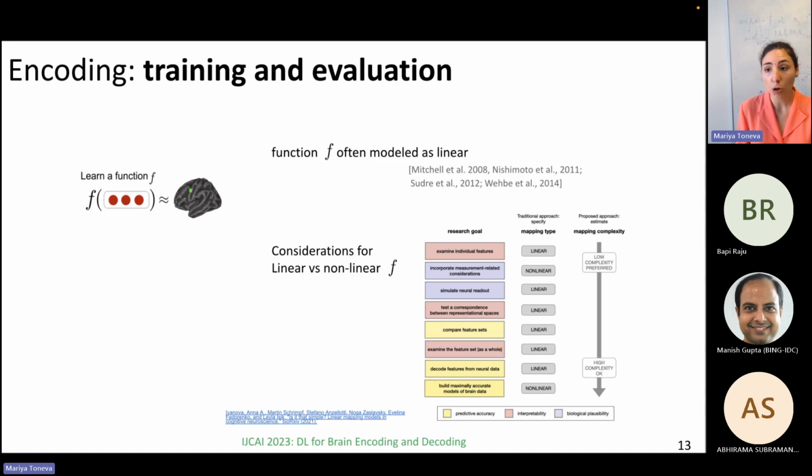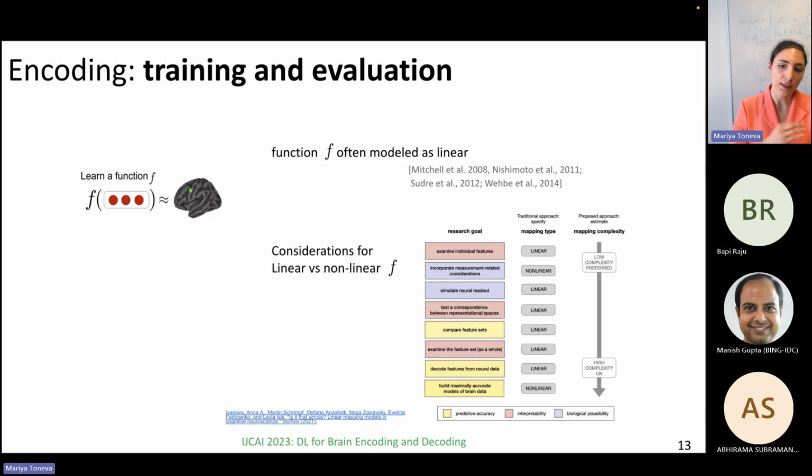And actually, they show that there are many different desiderata that we have when using an encoding model. So for example, we want the encoding model to predict very accurately. We want it to be interpretable. And we also want some biological plausibility at the end of the day. And here they show that, contrary to what somebody might expect, these different desiderata don't actually map onto the linear nonlinear divide very clearly.